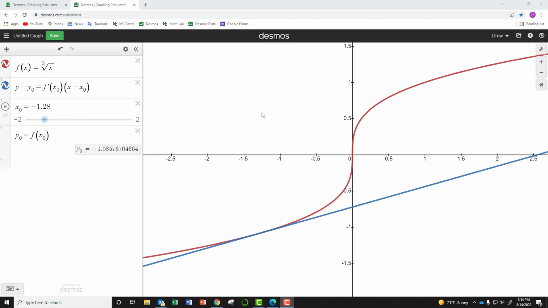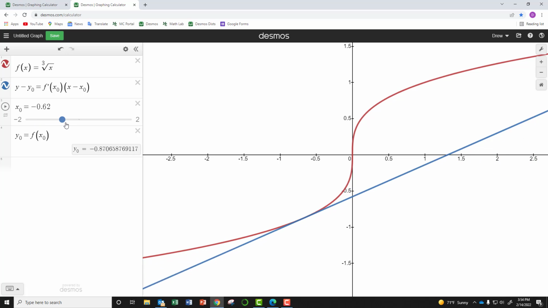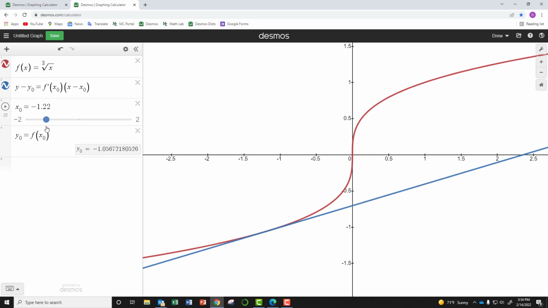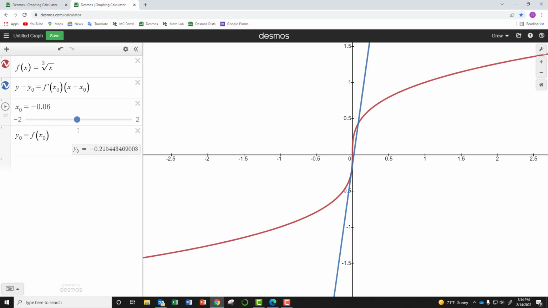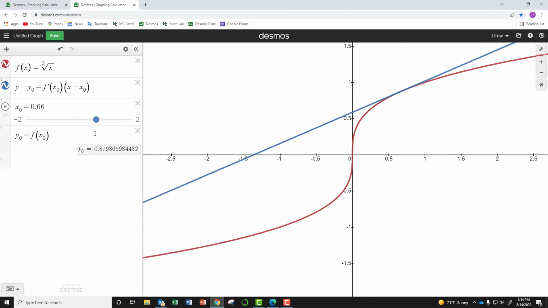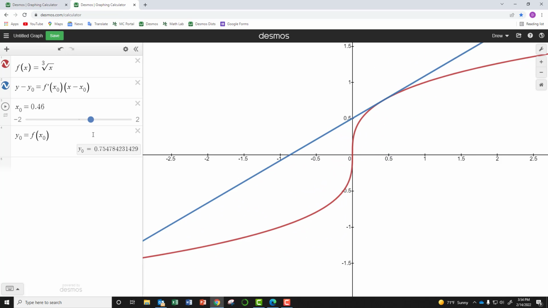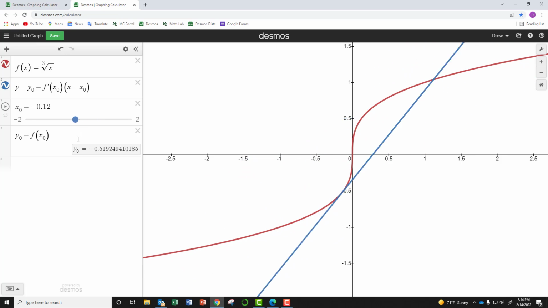In red, I have the cube root function. And in blue, I have the tangent line to the cube root function. Notice that these tangent lines do exist when I choose a value for x that's not equal to 0. So most places, this red function is differentiable, so I can put a tangent line down. But you might notice that when I pass through the point x equals 0, that tangent line would be the vertical line. The way I have this set up to calculate my tangent line, it would require an infinite derivative, so Desmos is not showing it.